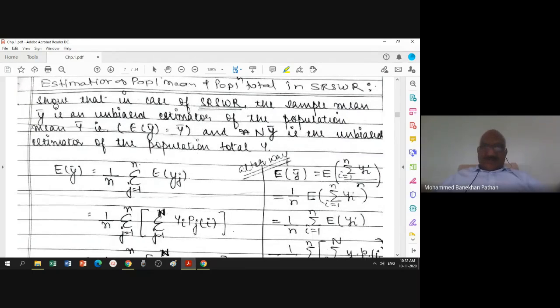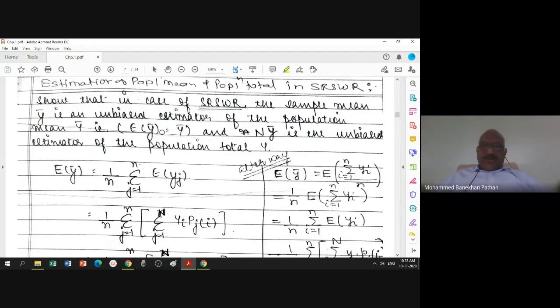What is the theorem? Show that in case of SRSWR, with replacement, the sample mean, that is small y bar, is an unbiased estimator of the population mean, capital Y bar. That means what I want to prove is that the expected value of small y bar is capital Y bar.